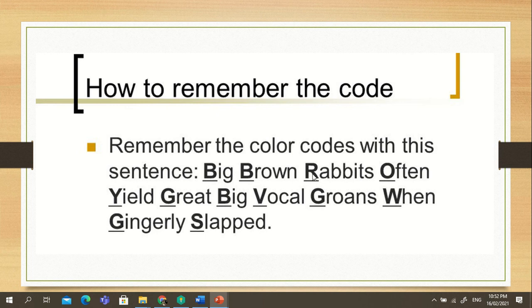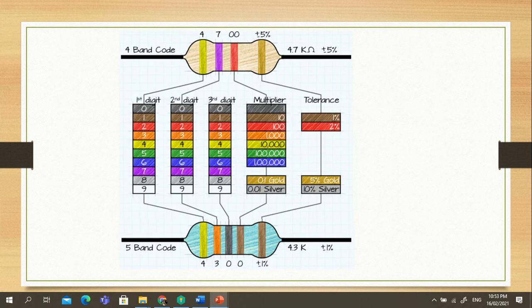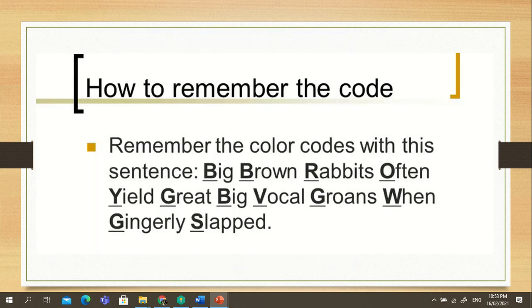Then R is for red, which is 2. O for often is 3. Yellow is 4. G is green, 5. Blue is 6. Violet is 7. Gray is 8. Then white is 9. Yes, correct.